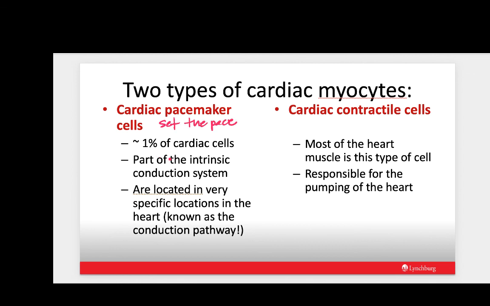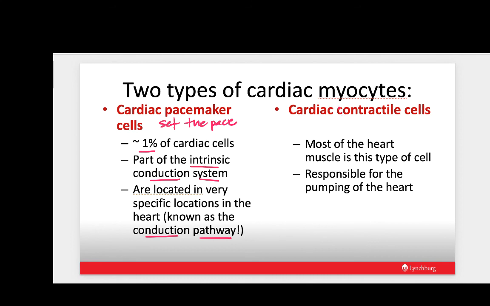This is actually very few of the total cardiac cells, only about 1% of the total heart. This is part of the intrinsic conduction system, and these cells are located in very specific locations in the heart. This is known as the conduction pathway, and this is where the pacemaker cells are located.